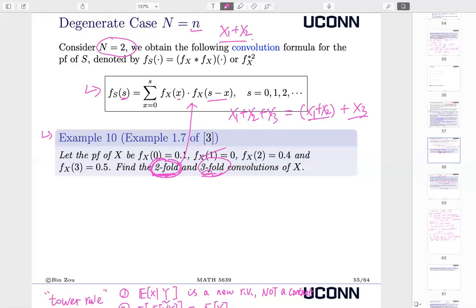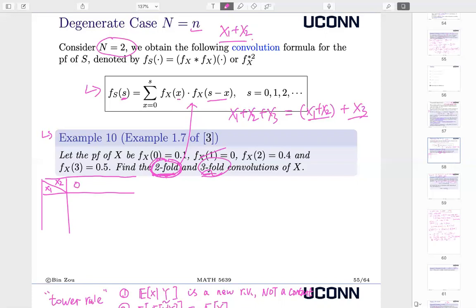The way I recommend you solve this question, at least at the beginning, is to do a two-way table. So let's say this is x1, this is x2. I'm trying to compute the twofold convolution. It can be 0, 1.